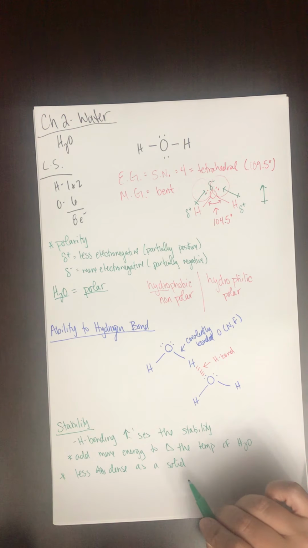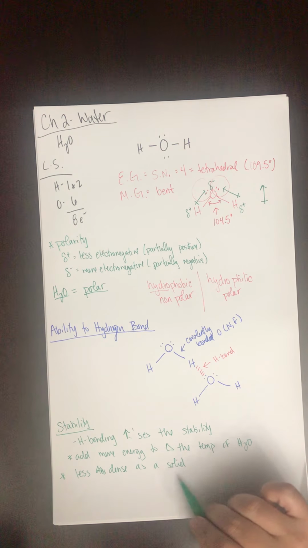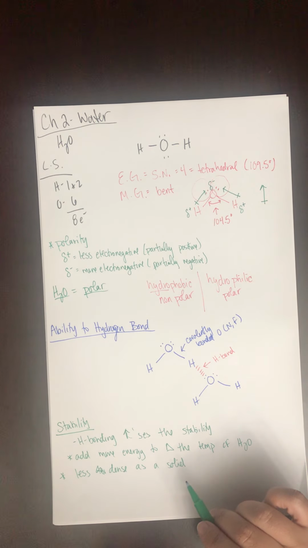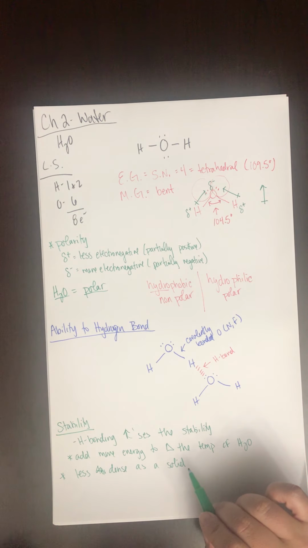And another important property of water relating to this is that lakes and bodies of water freeze from the top down, not from the bottom up. So when a lake freezes at the top, the water at the bottom still stays about the same temperature. This is called lake temperature stratification.